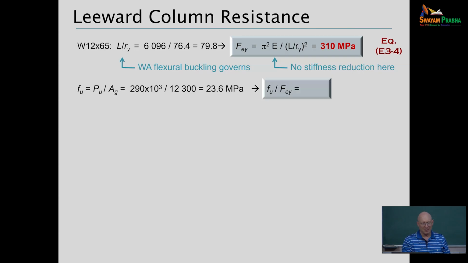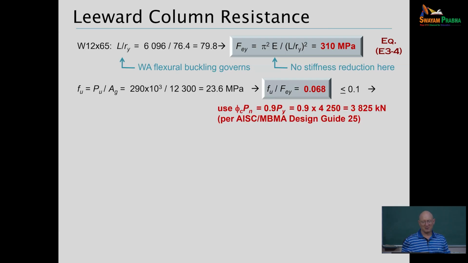We can check our level of axial stress in the column. It's fairly low. F_u to F_ey is only 0.068. That's less than 0.1. And so there's a rule actually in Design Guide 25 for design of frames of non-prismatic members.